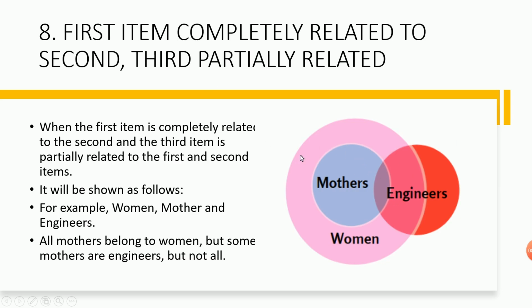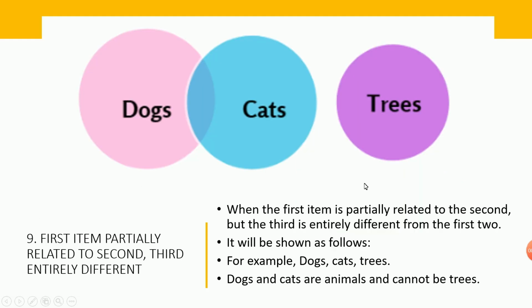See here we are talking about the first item and third item, not the second one. Because in the second one, almost half of the thing is connected. So here, mothers, women, engineers, first item completely related to the second, third partially related. So this is another category.